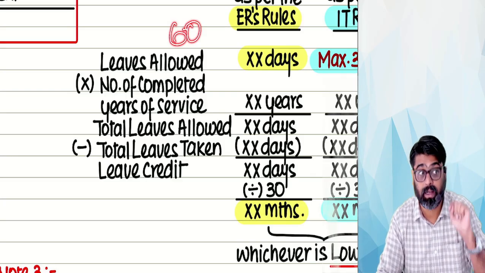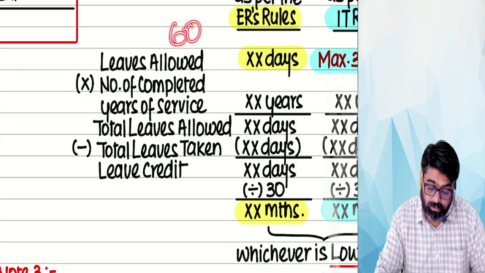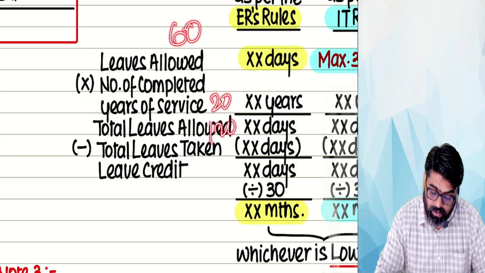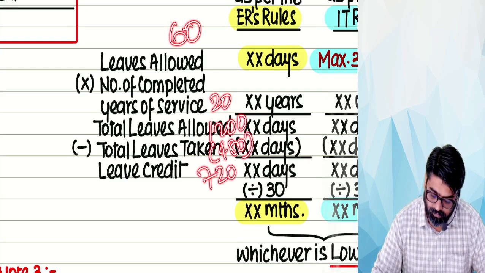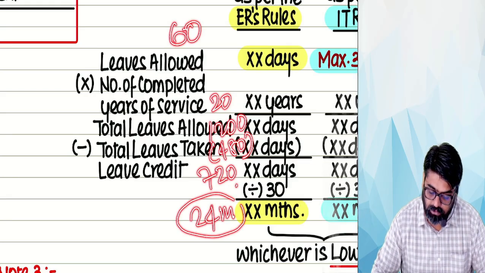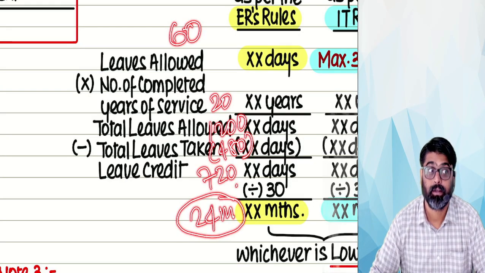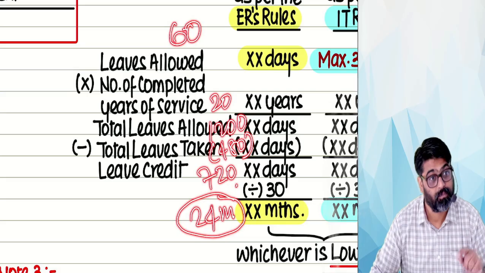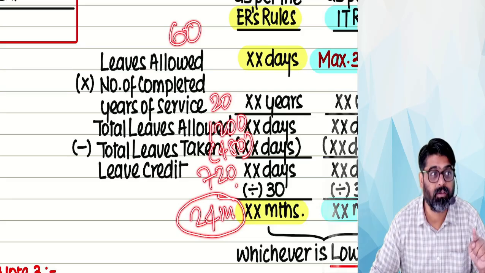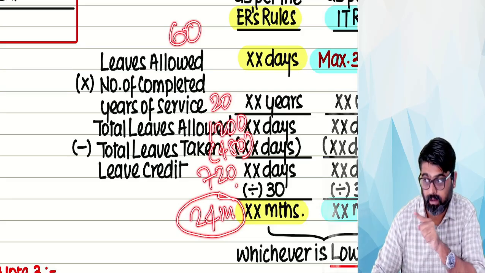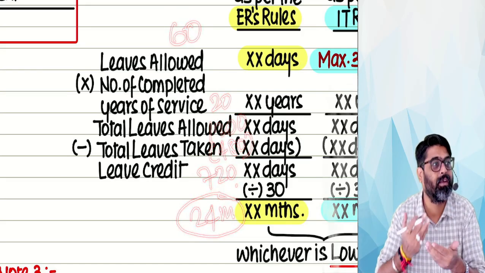If your employer writes 60, don't you think 60 multiplied by 20 is 1200? 1200 minus 480 gives you 720, divided by 30 is 24 months. Straight away 10 more months. Now you will get leave encashment for 10 more months.